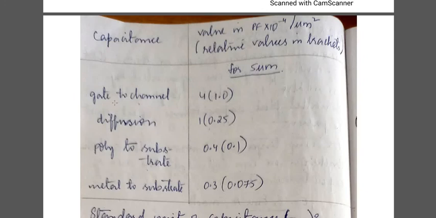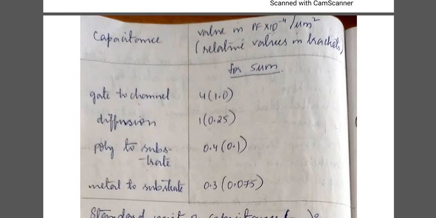So the capacitance for gate to channel should be 4, right? For which technology? 5 micrometer technology, and the material we are using is silicon dioxide. So the value of that capacitance for gate to channel should be 4, for the diffusion it should be 1, polysilicon to substrate it should be 0.4, and metal to substrate it should be 0.3.